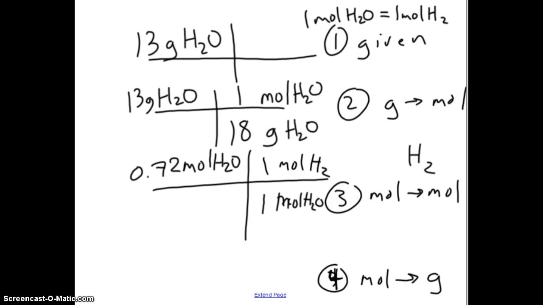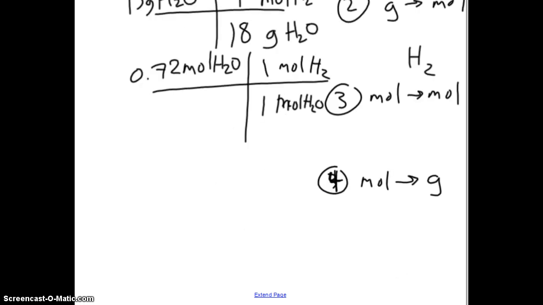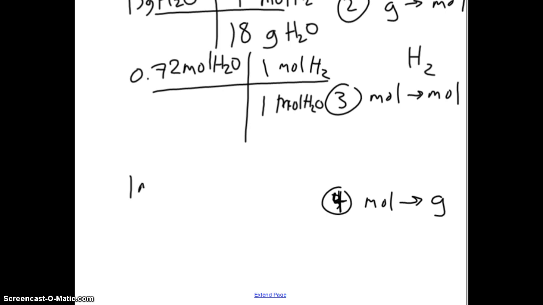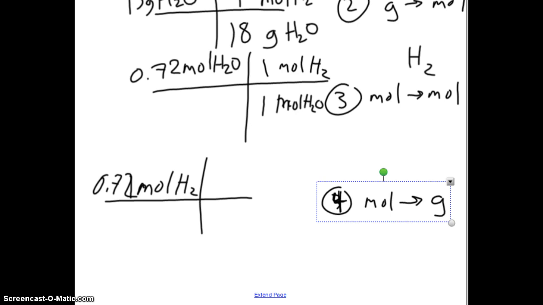Move this down a little bit, extend the page. All right. Step 4 has the following parts. We now have moles from our previous step. We have moles of H2, 0.72 moles of H2. And we are now converting from moles to grams.